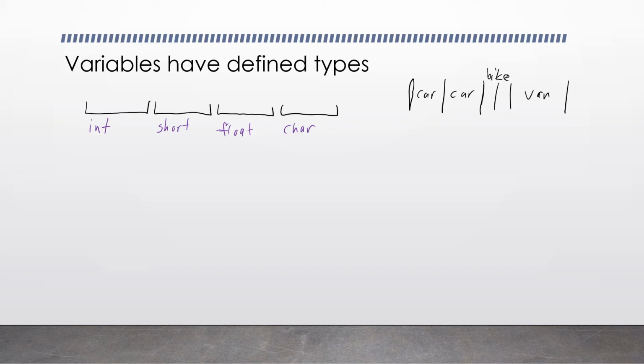So for these, I could assign the values 1, 2, 3, 4, 5, 6 for an integer, but only a smaller number like 789 for a short. Float, here's where I can hold my 3.14159 for pi. And a character would only hold a single character, like going back to my letter A from earlier.